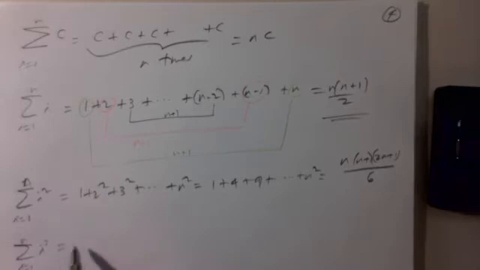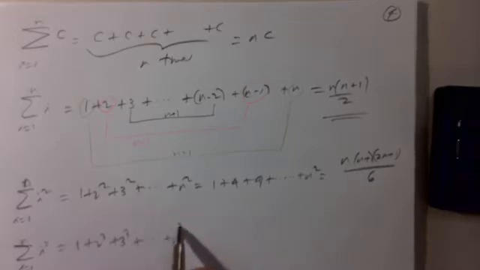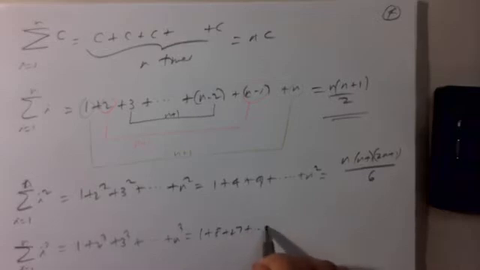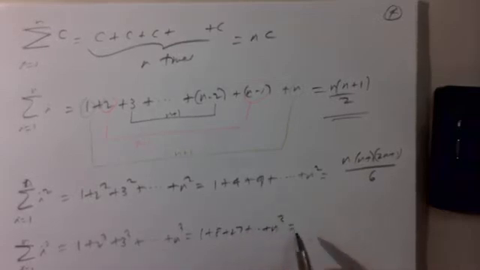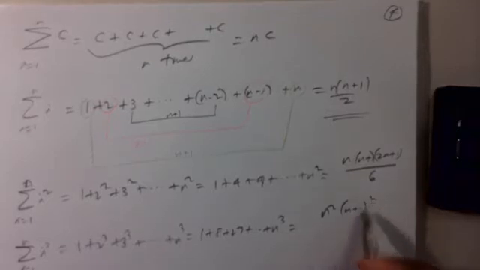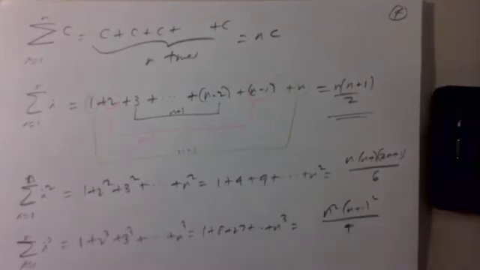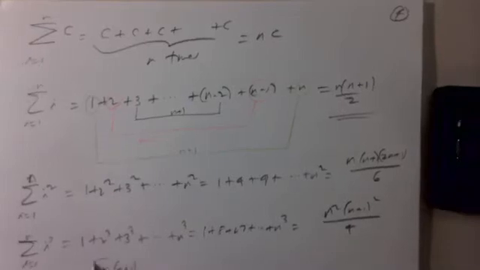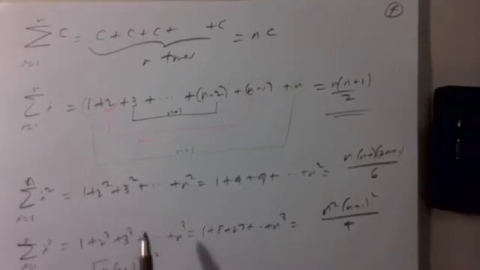If you take the sum of the first n cubes, so that's 1 plus 8 plus 27 up to n cubed, that has a very pretty formula. It's n squared times n plus 1 squared over 4.